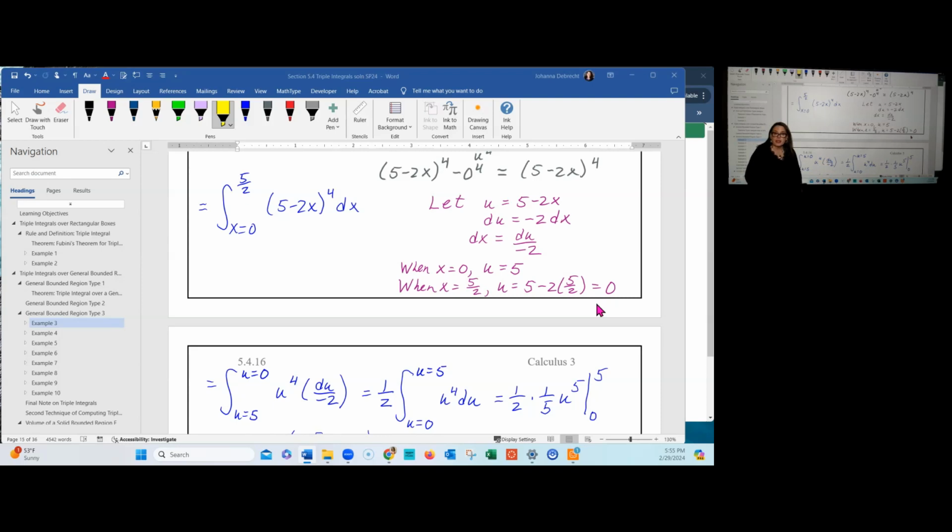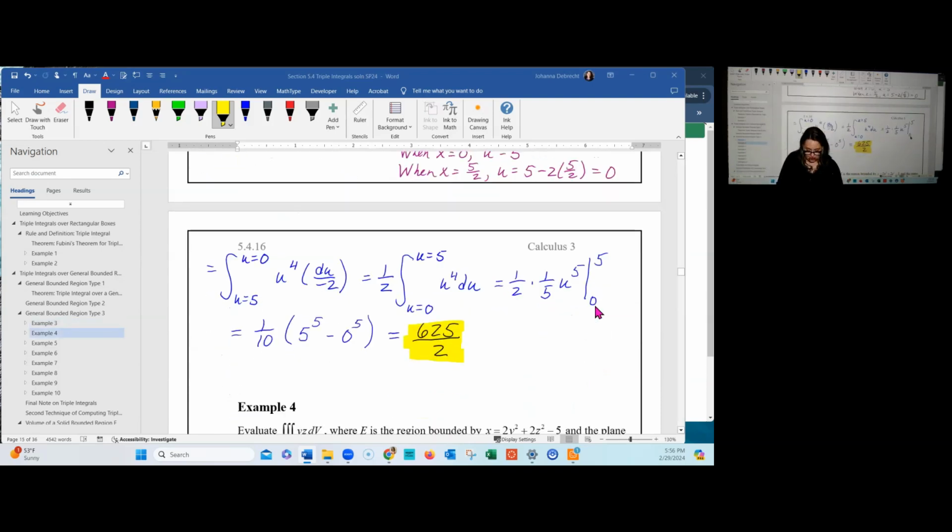But we've got another negative in our integrand, so we can switch the limits of integration and pull the 1/2 out so that it becomes 1/2 the integral from u equals 0 to 5 of u to the 4th du. This will give us u to the 5th divided by 5 multiplied by 1/2, or 1/10 u to the 5th between 0 and 5.